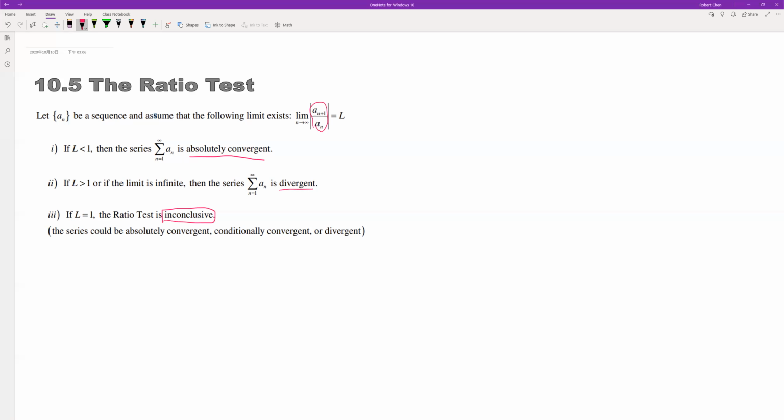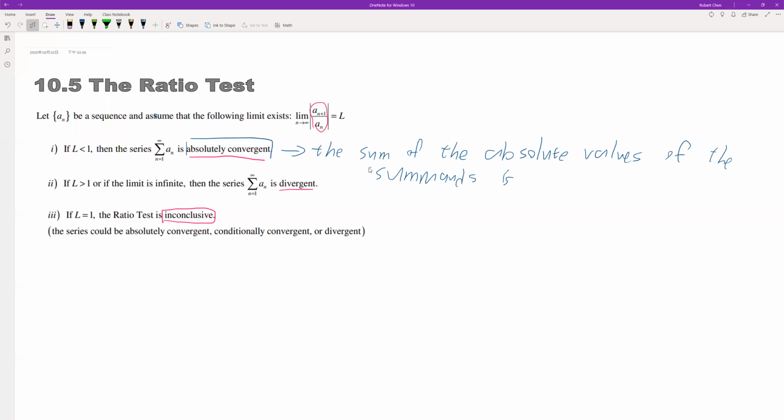Right. So before we move on, let's talk a little bit about this new term that we have here, absolutely convergent. The definition of it is the sum of the absolute value of the summand is finite.